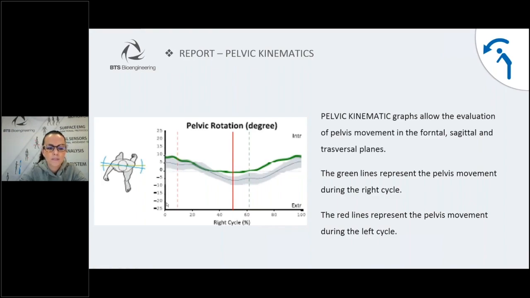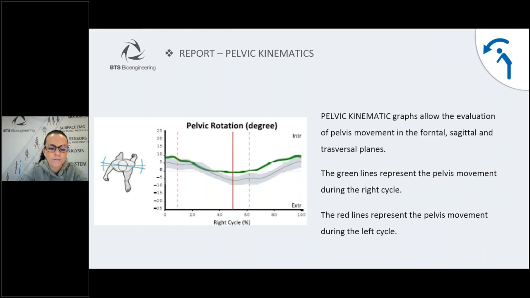So from 0 to the red dotted line, we have the right first double support phase. From the red dotted line to the red continuous line, which is nothing more than the left swing phase, we have the single support phase on the right.